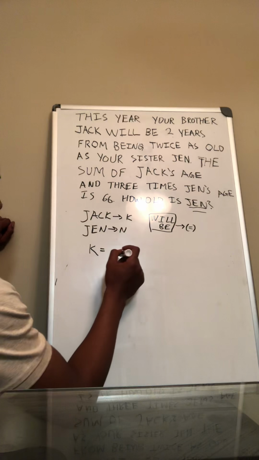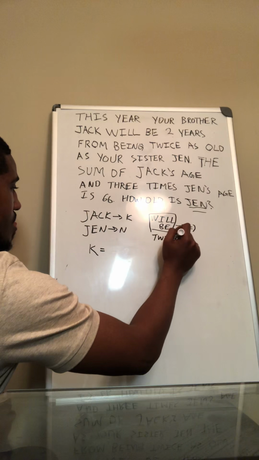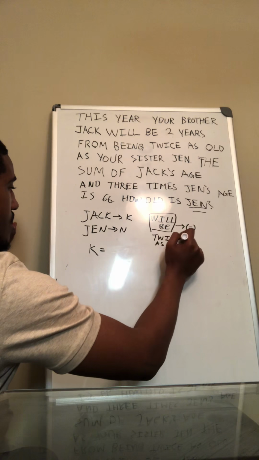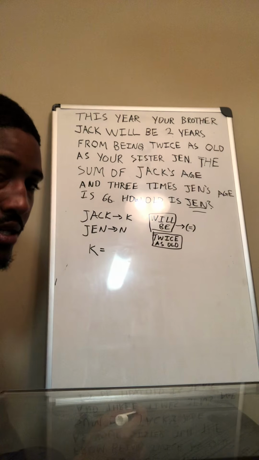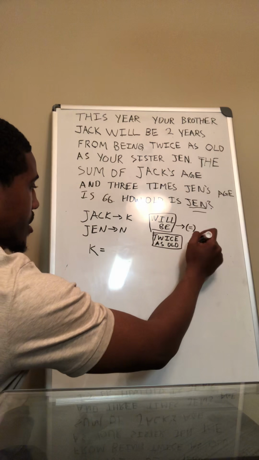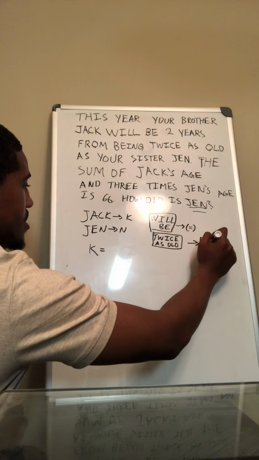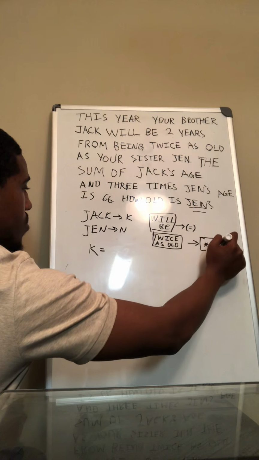So "twice as old" implies that we will be doing a multiplication of your variable times 2 for twice as old.